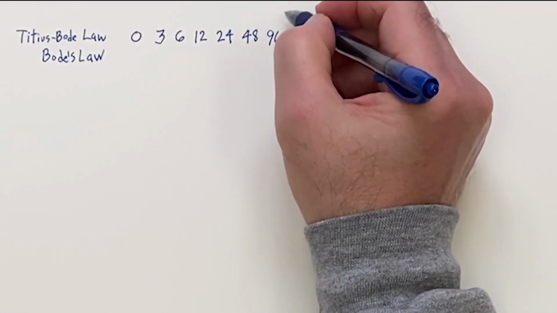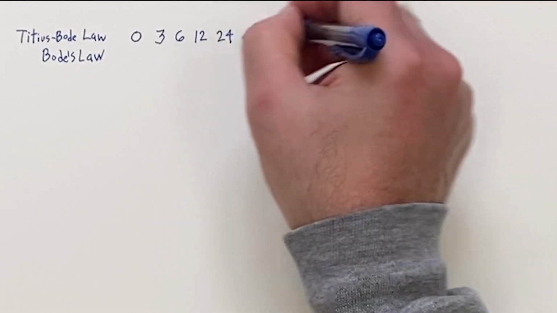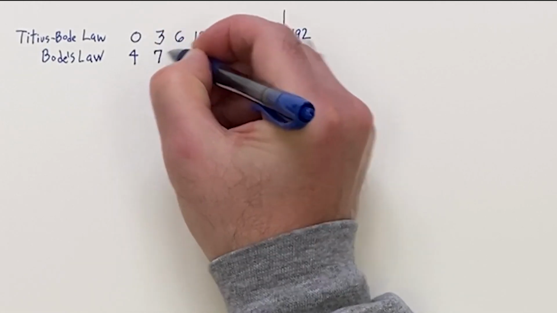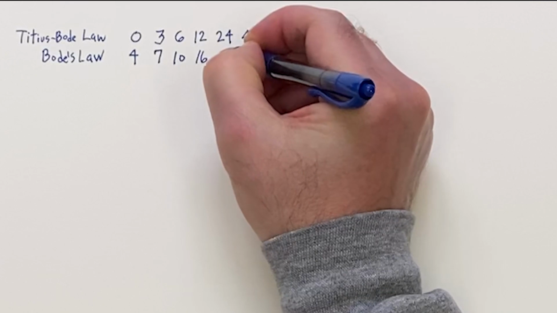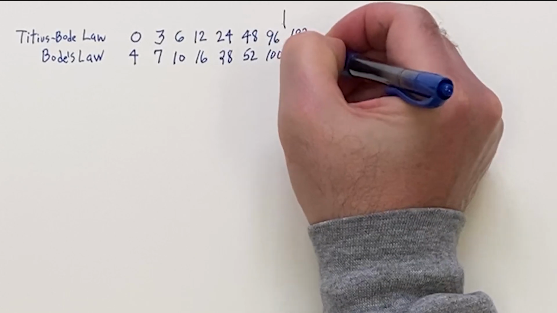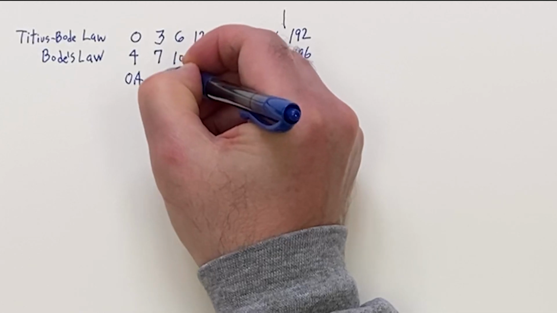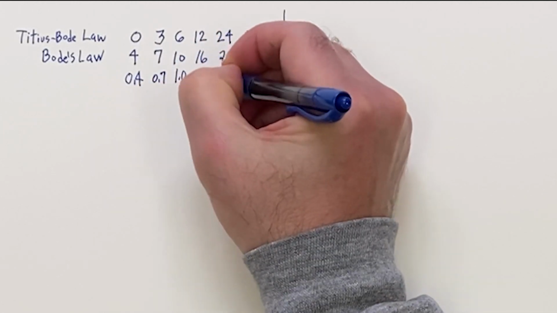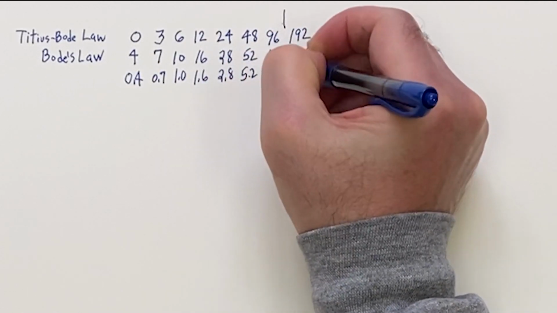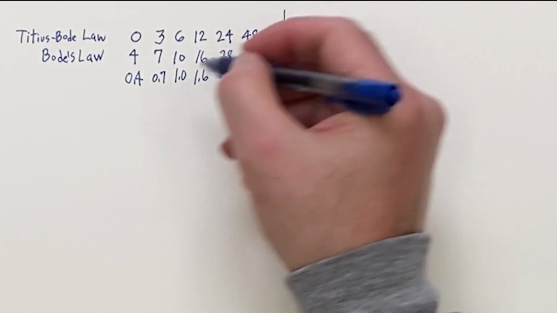When they came up with this law, they knew about Saturn, and we're going to talk about that Saturn result. But first, the rule. You add 4. Then you divide by 10. This is Mercury.